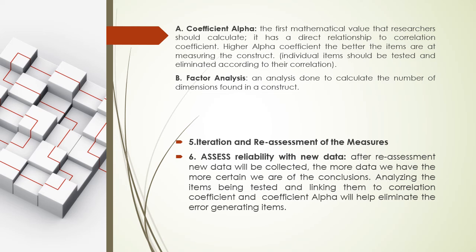So we have to relook at the correlation coefficients and coefficient alpha, and we have to see which items are lowering our correlation by the process of elimination, and we will be able to eliminate the error generating items, which means we are lowering our XR, so we are moving towards a more reliable set of methods and items.